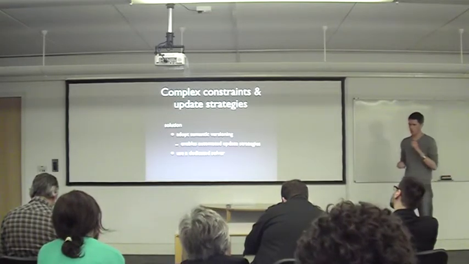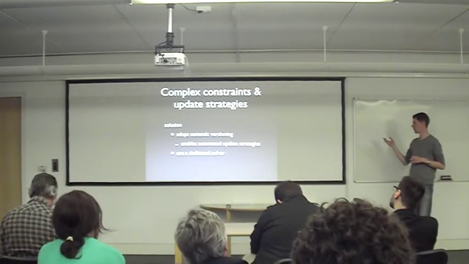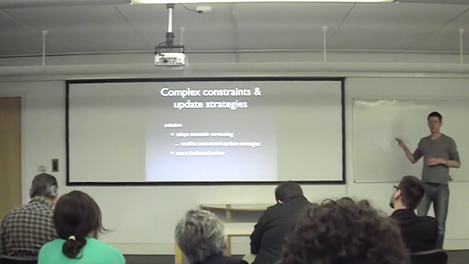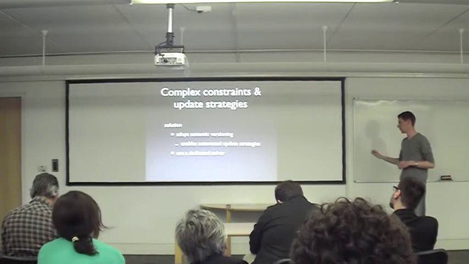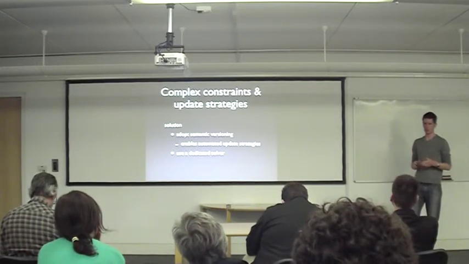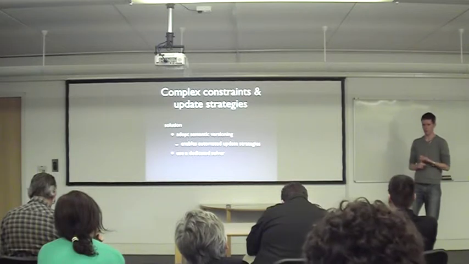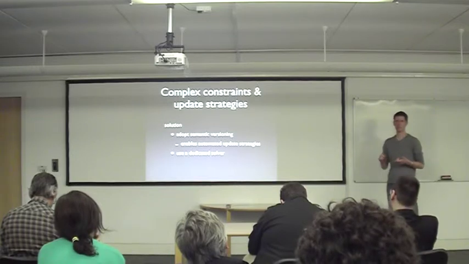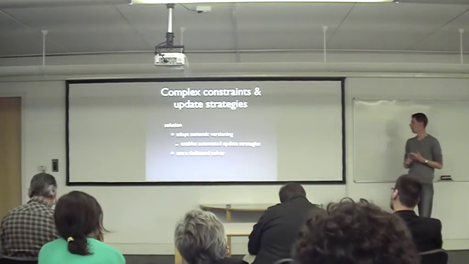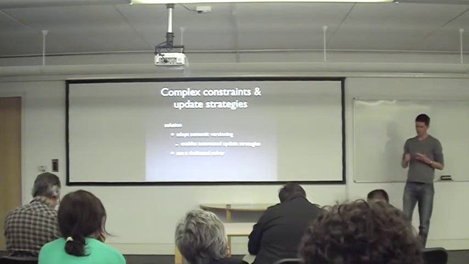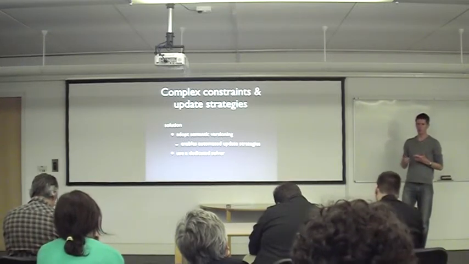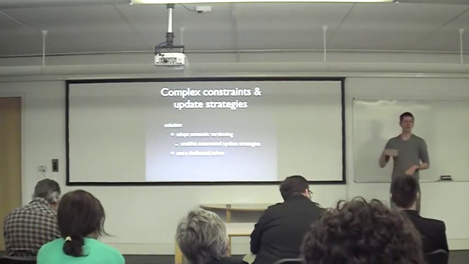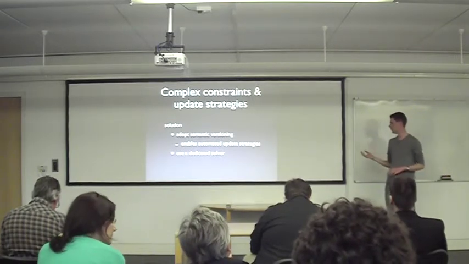So my suggestion here is to propose the adoption of semantic versioning to enable automatic update strategies. Semantic versioning is just a convention. You have three numbers. The first one is the major number. When you change the API, you need to update this first number. You have a minor number, which tells you that you introduced new features without breaking the API. And the last one is the patch number. When you have a bug fix or security fix, you update this one.